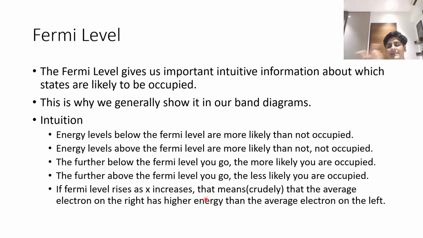So this is an example of how we can intuitively use these things. You can clearly see that the average electron where the Fermi level is higher will have more energy than the average electron where the Fermi level is lower, because the Fermi level represents the point where probability of occupation is half. Cool.